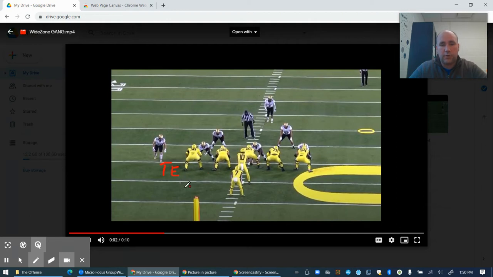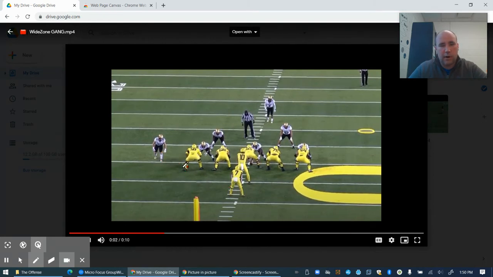So if you run to a tight end and you run away from a tight end, you might have to create different zone run rules. I don't want to do that personally. I don't want to have to teach more than one zone play. I've done it before. It makes it a little more confusing. I want to teach zone one way and call it strong and weak. That's me personally.